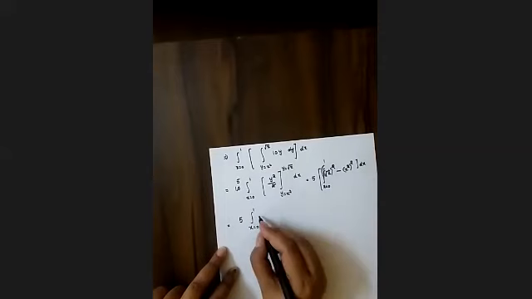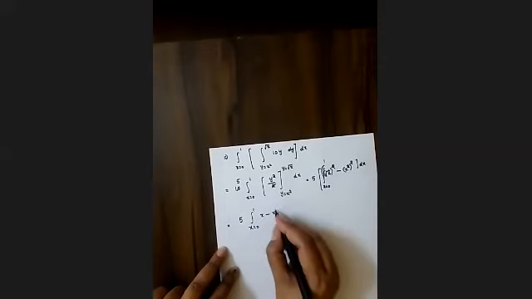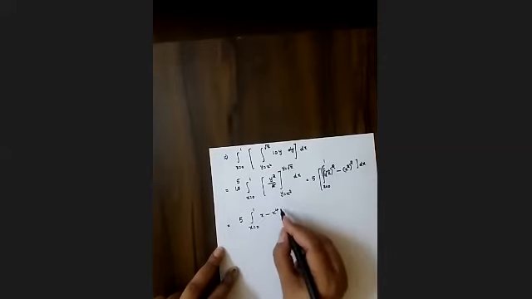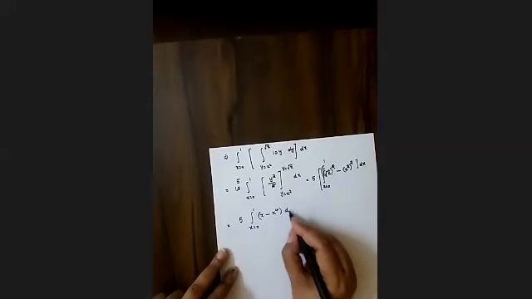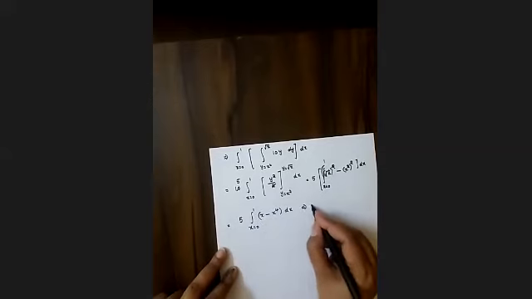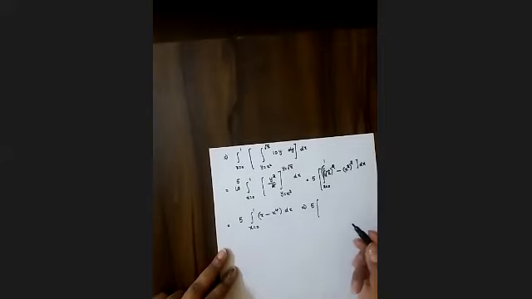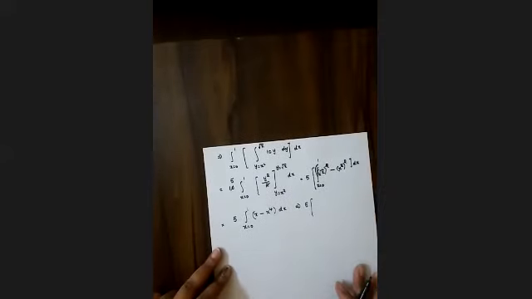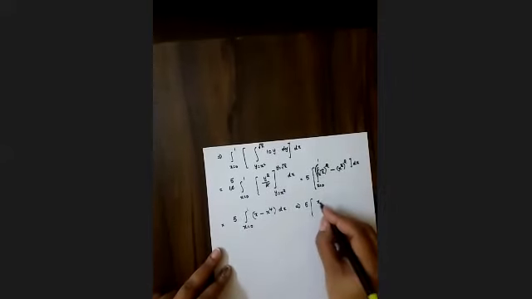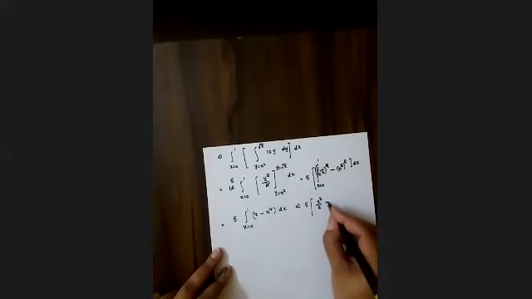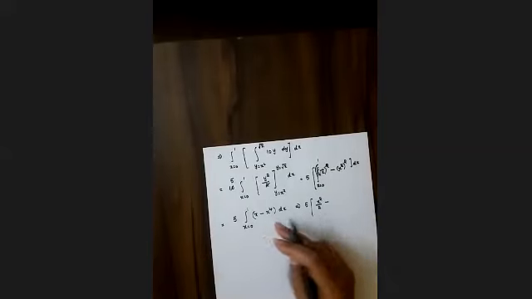Here the square root gets cancelled: x minus x⁴ of dx. Now integrate the inside function with respect to x. The integration of x dx is x²/2 minus the integration of x⁴, which is x⁵/5. Your limits are 0 to 1.